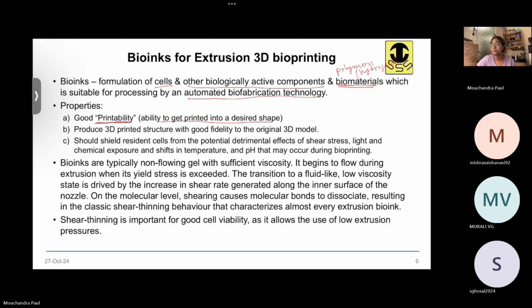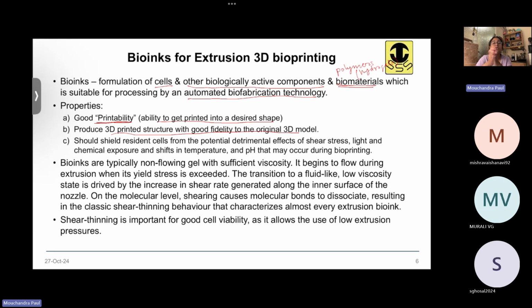Then the printed structure should have good fidelity with the original CAD model. Okay. So the shape that you got after printing should hold its shape. Even after printing, sometimes due to weight, the heightened structure starts collapsing. So those things should not happen.